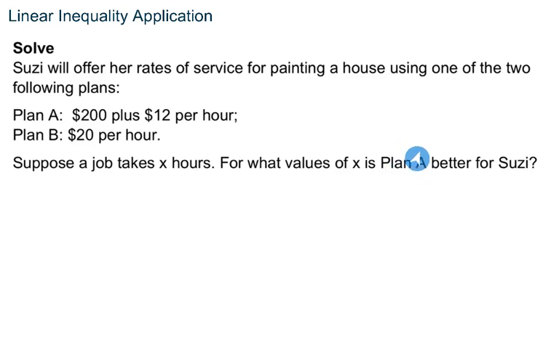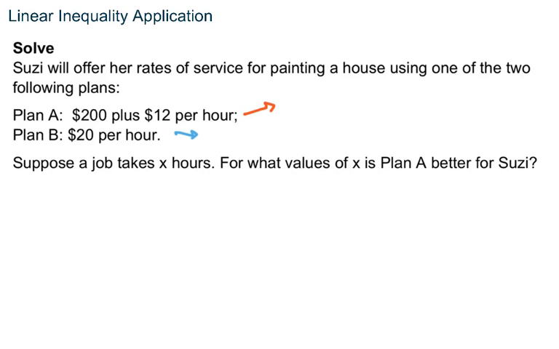So we want to know when plan A will be better. And for Susie, something is better if she makes more money. So we want to know when plan A will earn more money than plan B. Well, let's think about writing an equation to set up each of these situations.